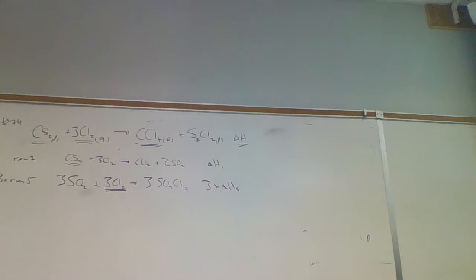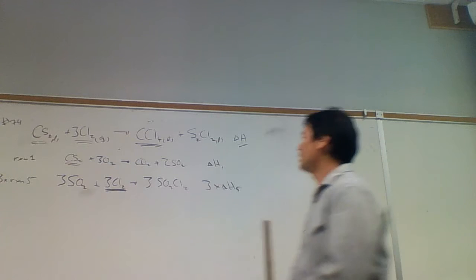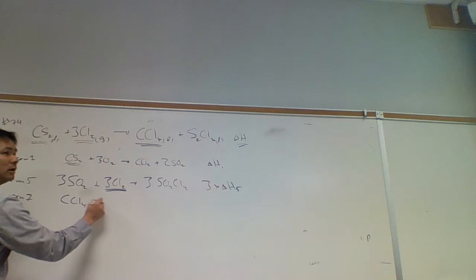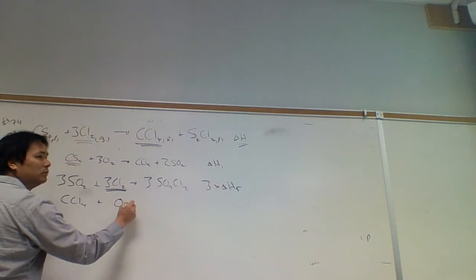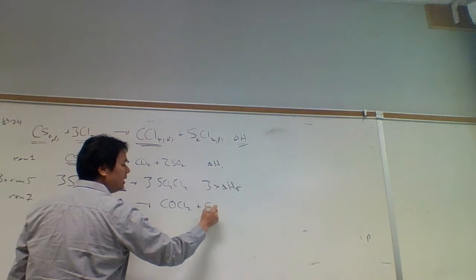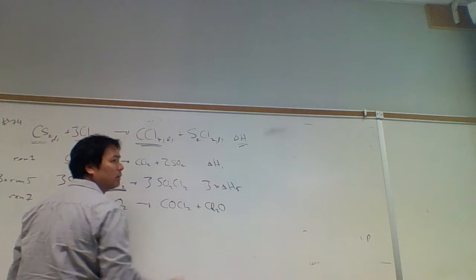But this is easier because this is already right. And so this will be reaction 7. This will be CCl4 plus O2 yields COCl2 plus Cl2O.